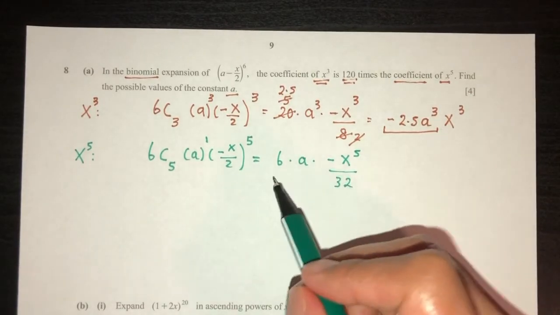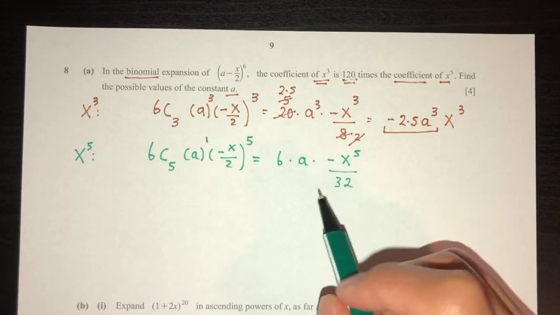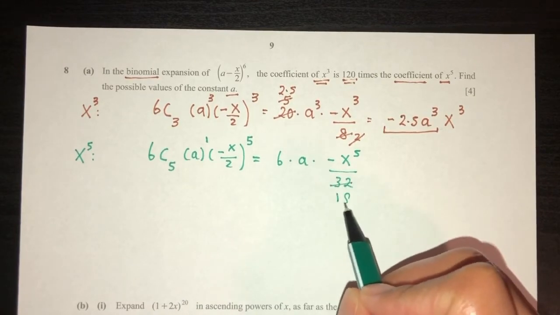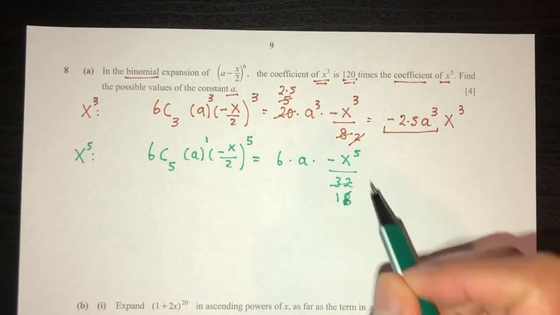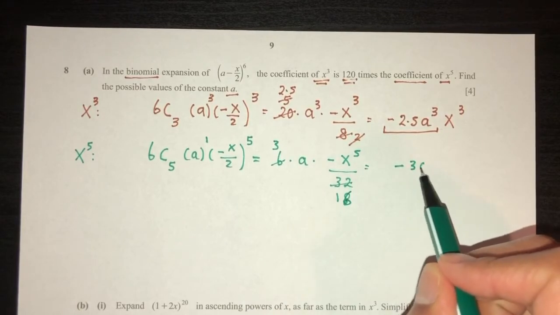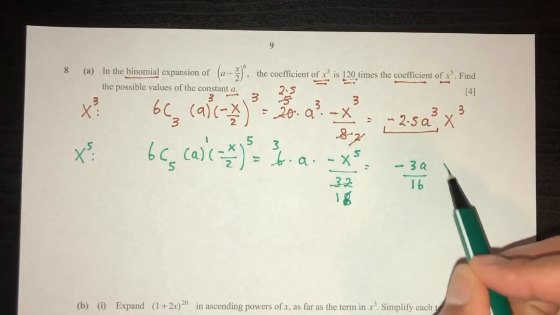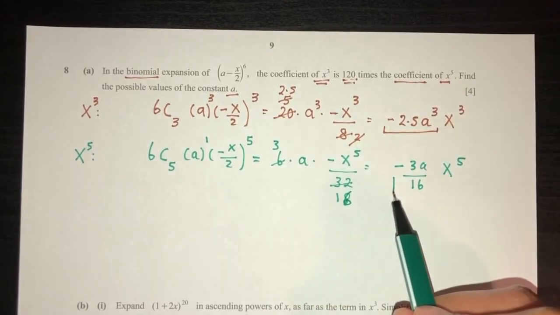Now if you simplify, divide by 2, you will have 16. That will be 3. So you will have minus 3a over 16 x power 5. So the coefficient of x power 5 is only this part.